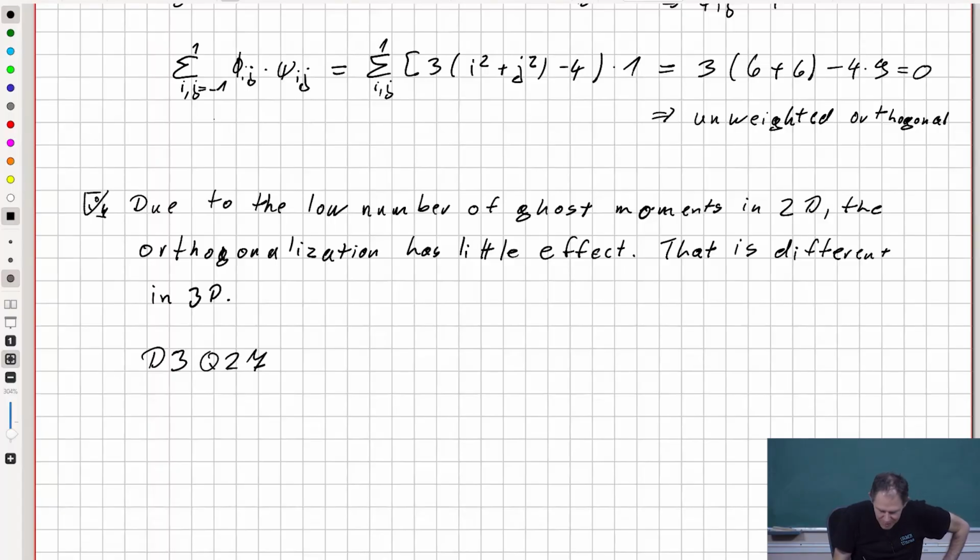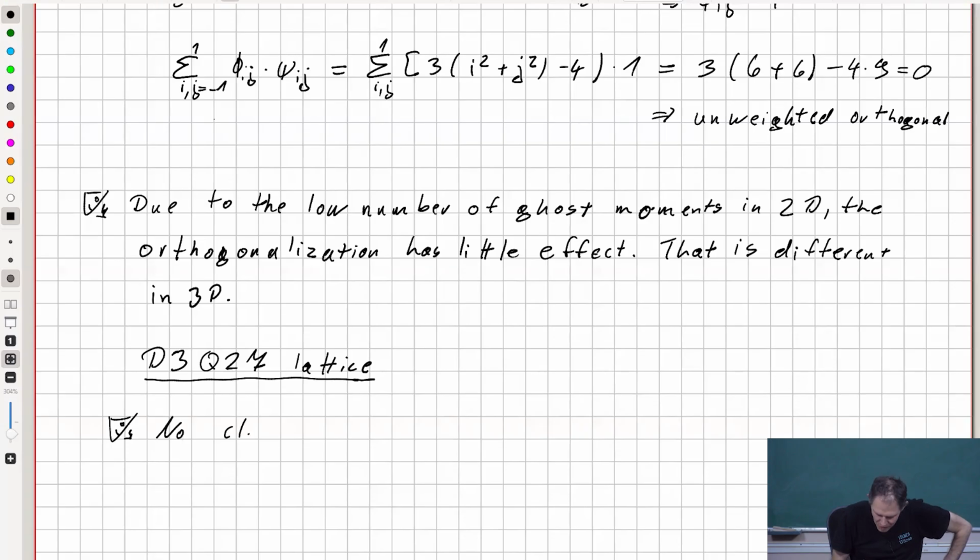D3Q27, 3 dimensions. Now there is a fun thing to notice.